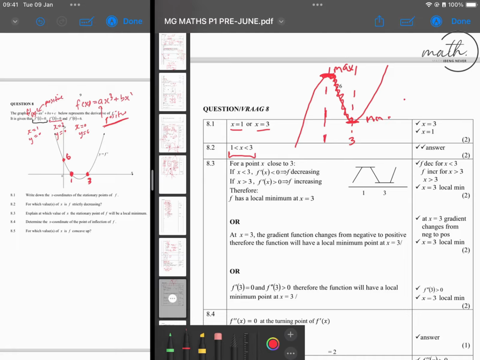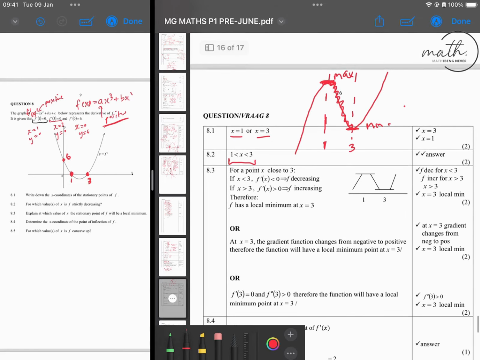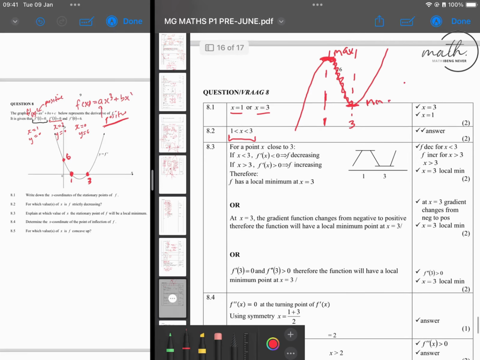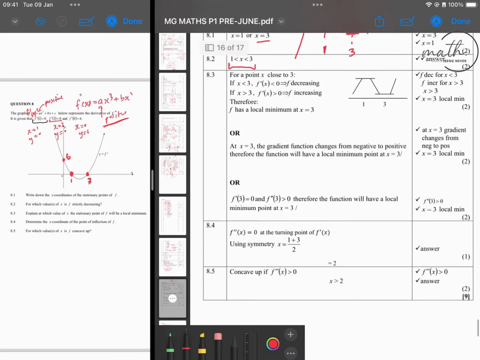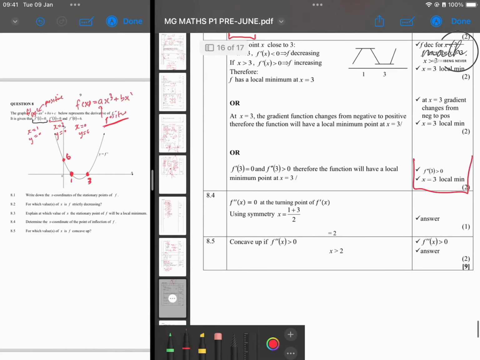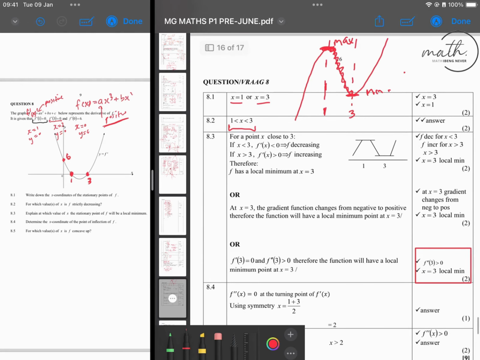You can tell that at 3, it's 0, therefore it's a turning point. And then the second derivative will be positive. So you can use your sketch and just say there will be a local minimum. That means the second derivative will be positive. You can just use this one. But then the sketch helps. You can get the answers quickly with the sketch.